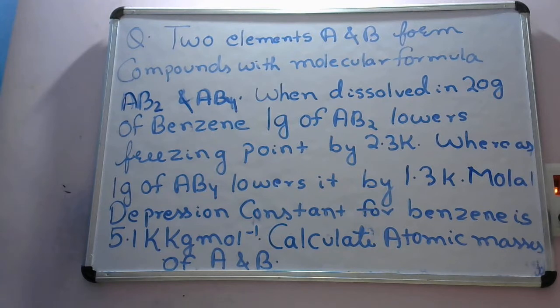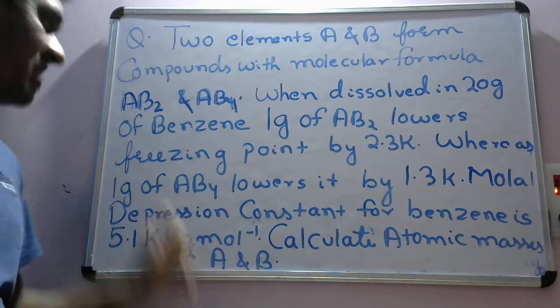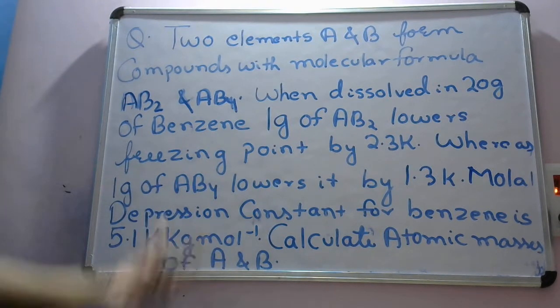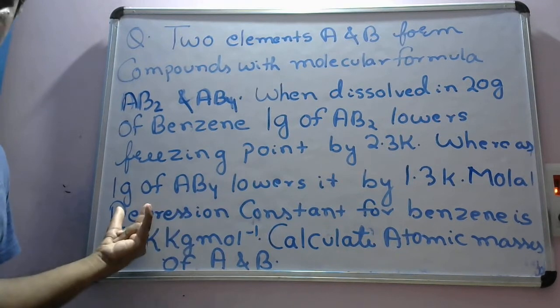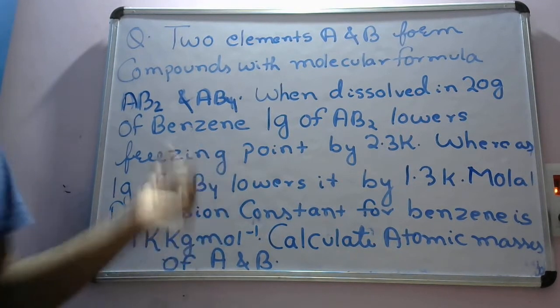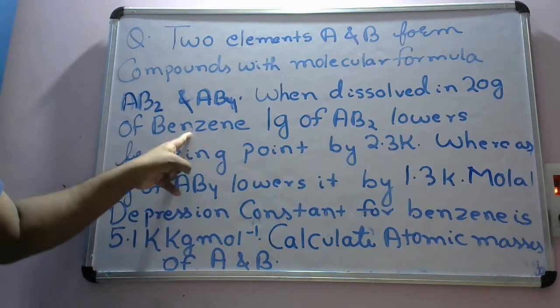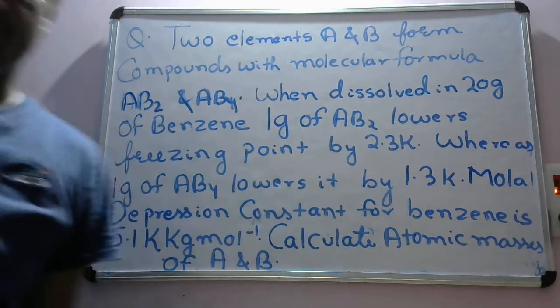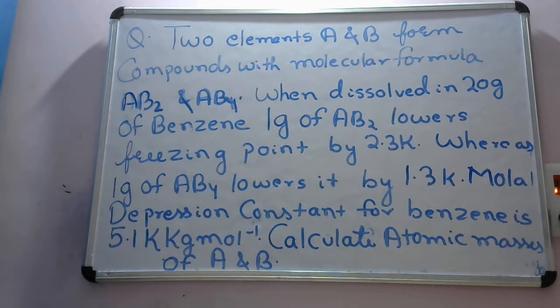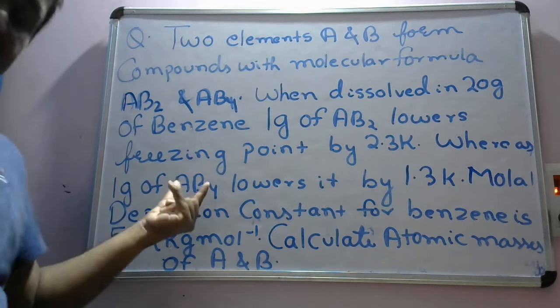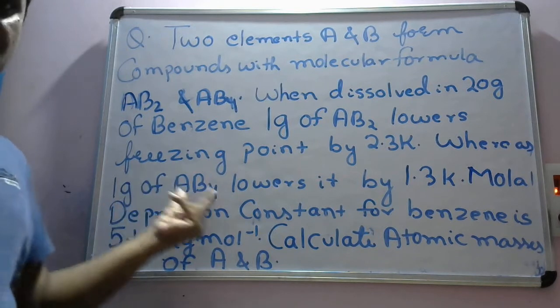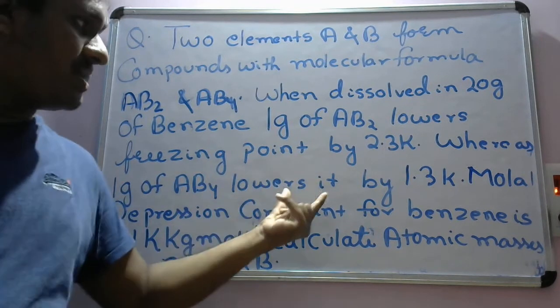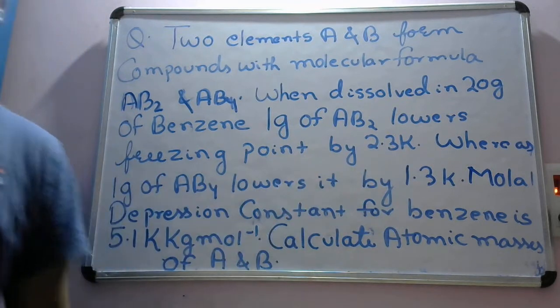Whereas if you dissolve 1 gram of AB4 compound, another solute, the same 1 gram, in the same benzene and the same amount, the solvent is the same but I am dissolving a different solute with the same mass. Then the freezing point decreases by 1.3 Kelvin.